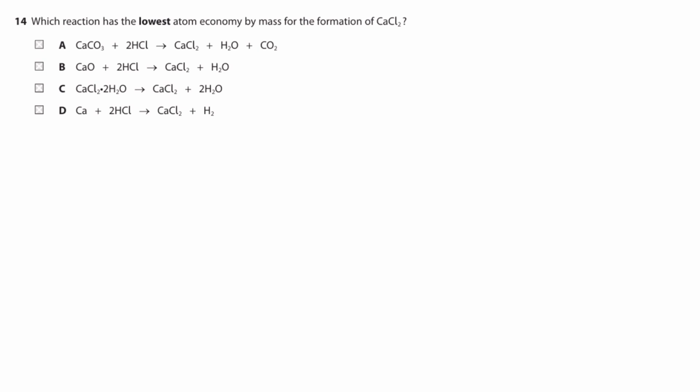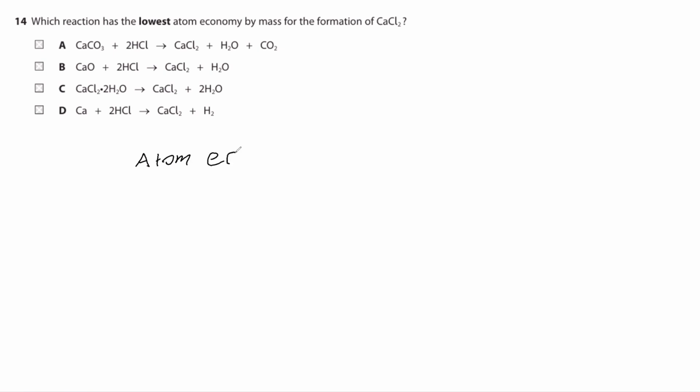Question number 14. Which reaction has the lowest atom economy by mass of the formation of calcium chloride? First, we'll see the concept of atom economy, because you know how to do the calculation, but if you try to find the answer by doing calculation and other steps, you will consume a lot of time.